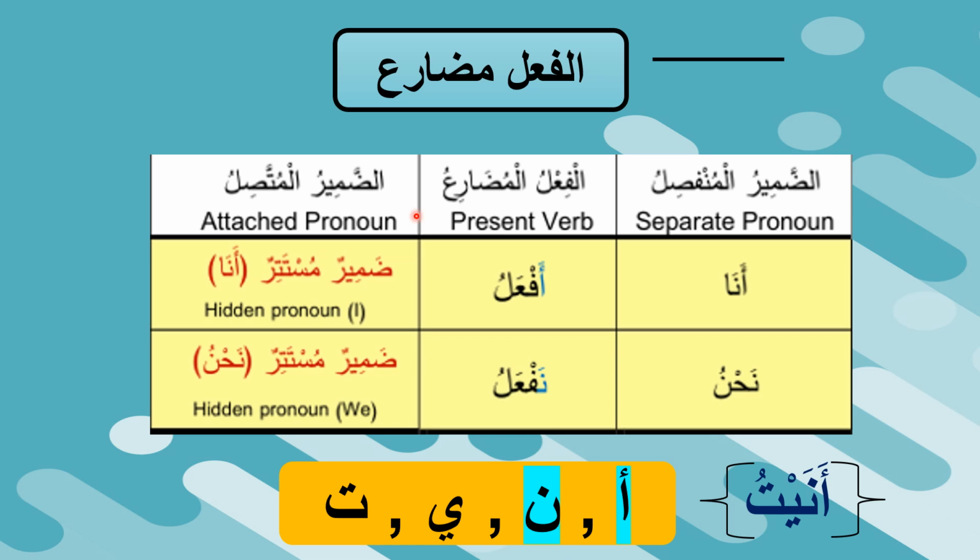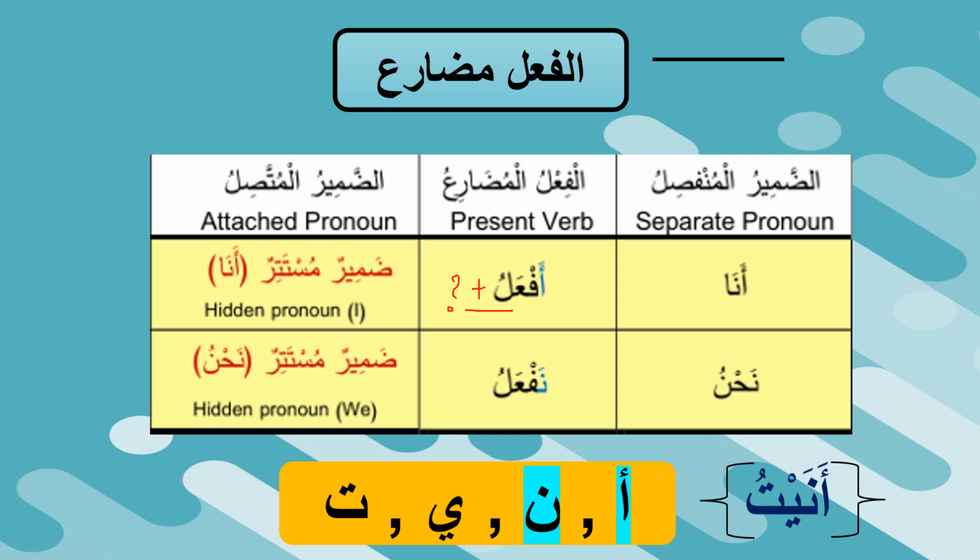In the past tense structure, whatever attached pronoun comes, it comes after the verb. Here you have not seen anything attached after the verb.